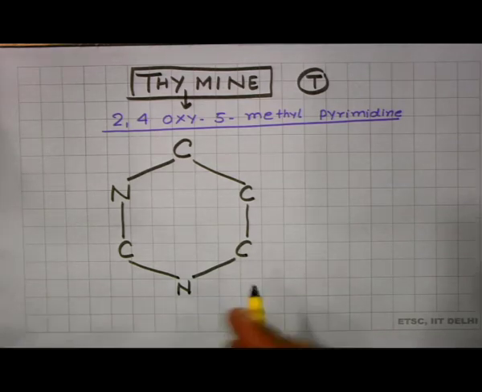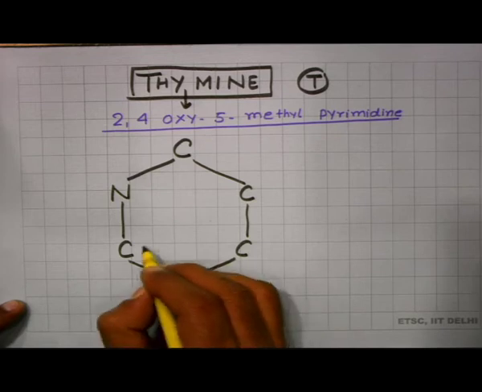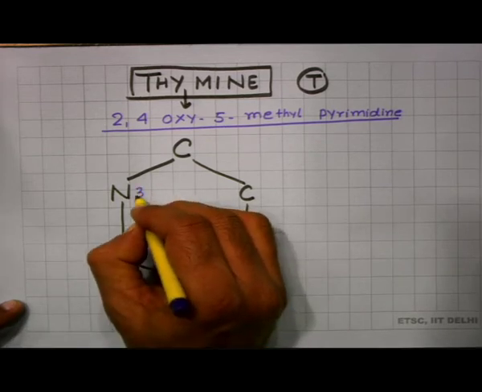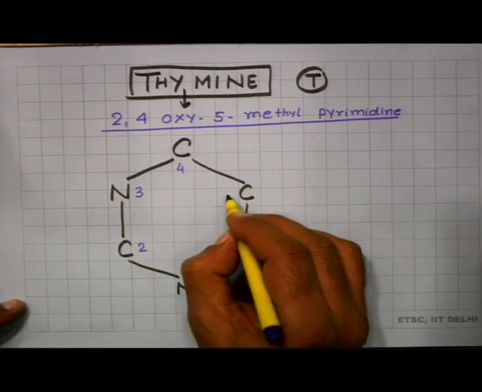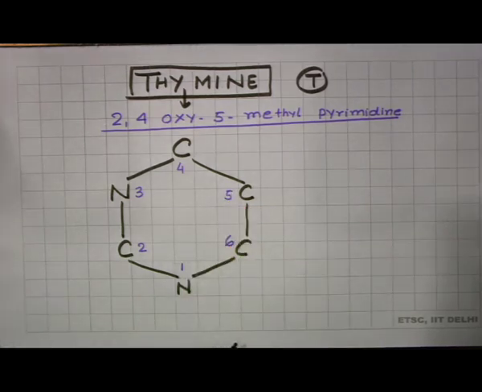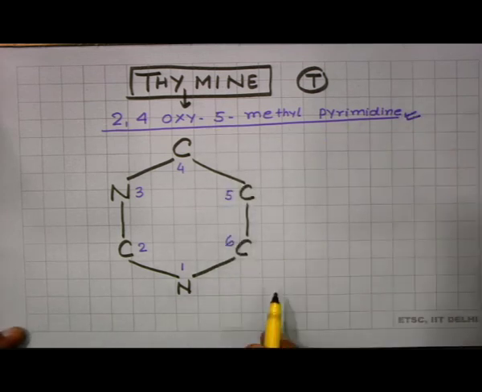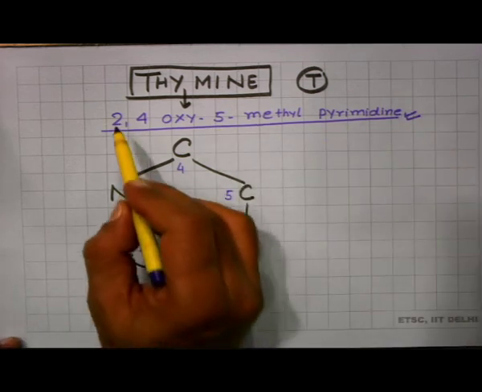Now, number it 1, 2, 3, 4, 5 and 6. Now, with the help of this chemical name we can easily write the structure of thymine.